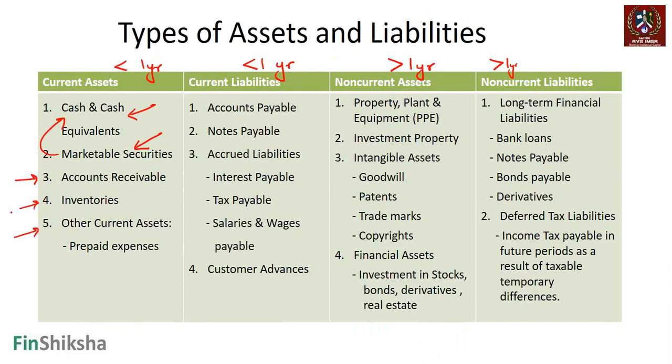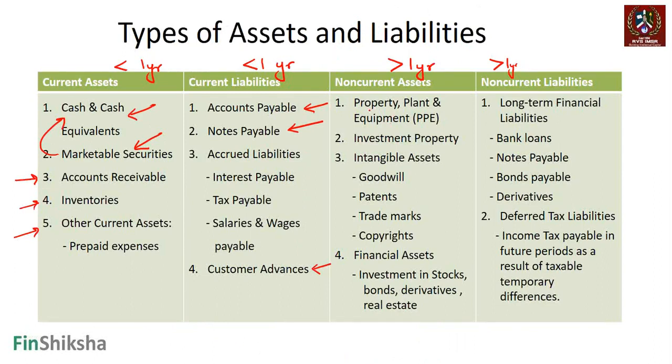We will discuss all of these in more detail in subsequent sections. For current liabilities, we will look at accounts payable, notes payable, any kind of accrued liabilities, and any kind of customer advances. We will again look at those in more detail, but anything that has to be settled in the next 1 year will come under current liabilities.